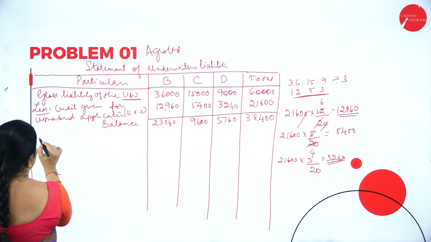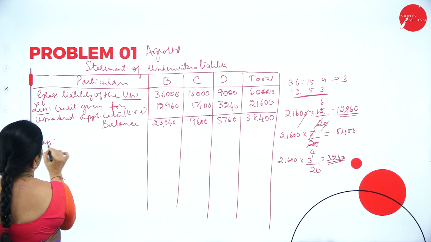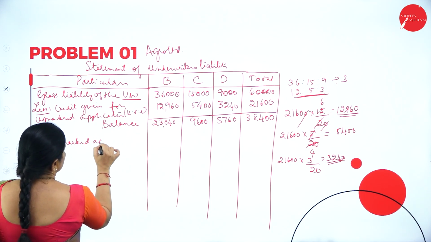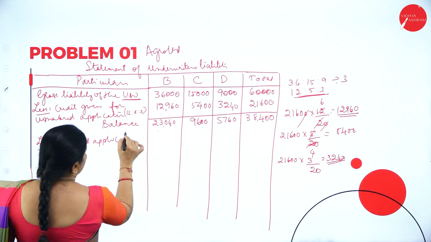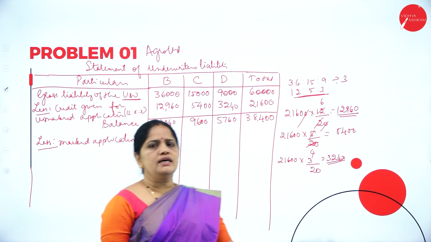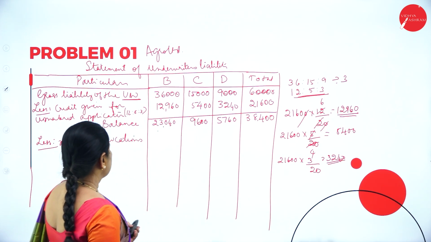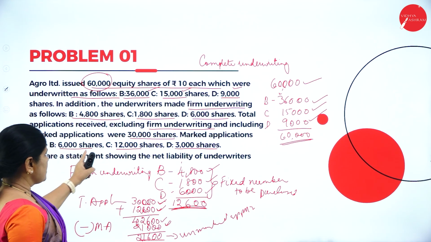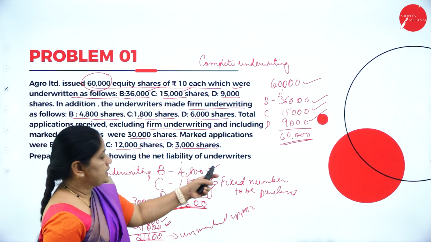Now next will be less marked applications. What are the marked applications here? We have the figures here. For B, C and D they were 6,000, 12,000 and 3,000.